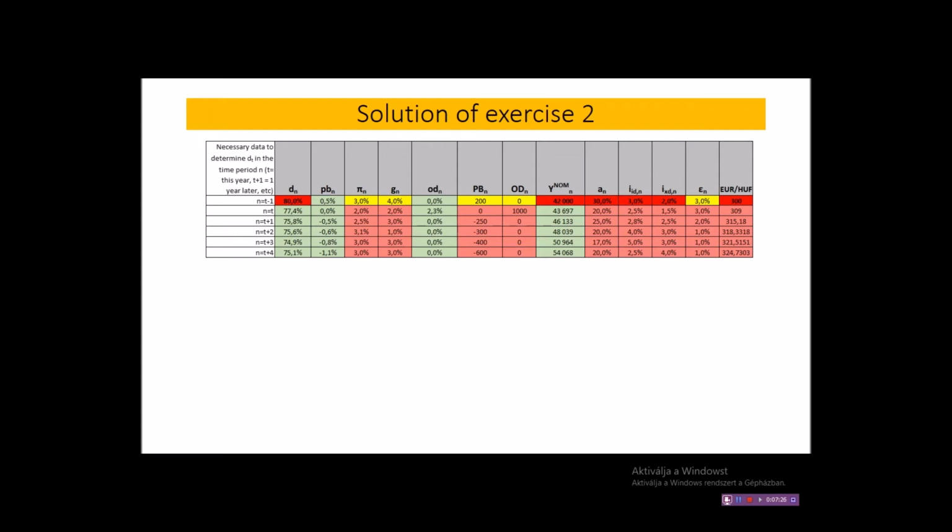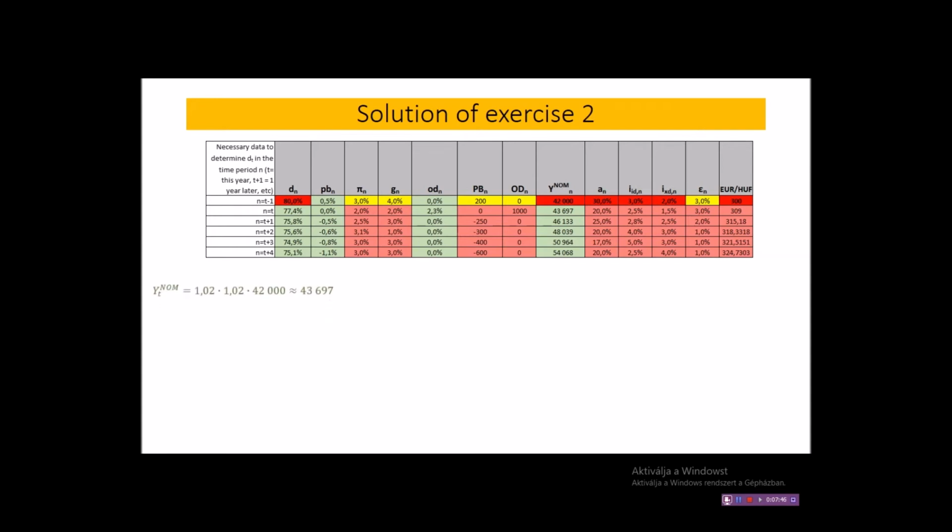And last but not least, the economic growth was 2% and the inflation rate was 2% as well. From all this information, we can fill in all of the red cells and then the green cells, so the calculation will follow, whose methodology I am going to present now.